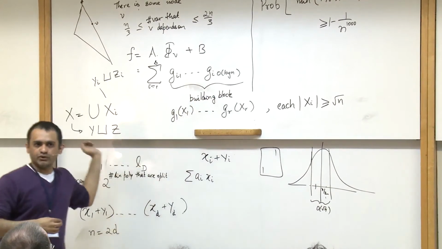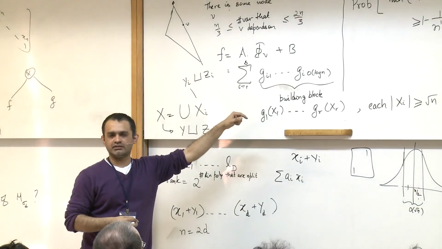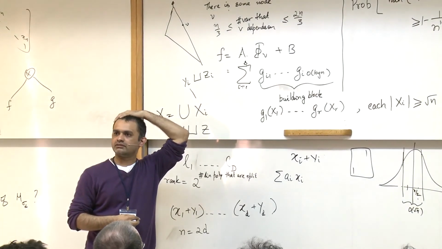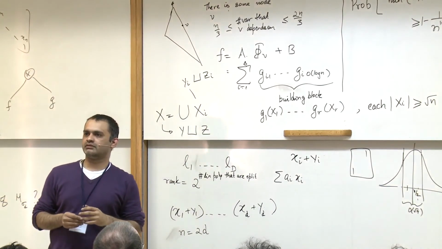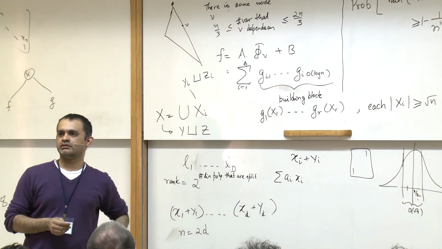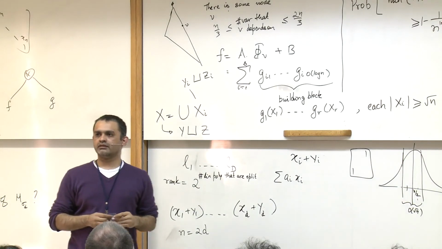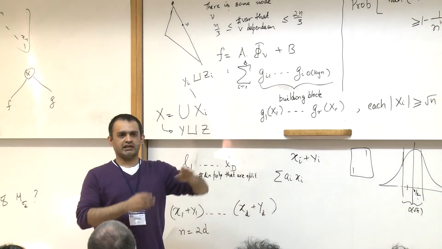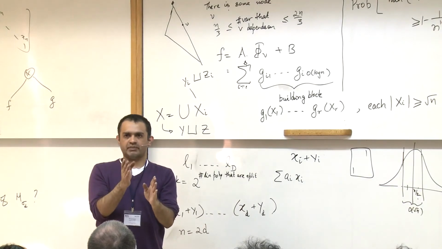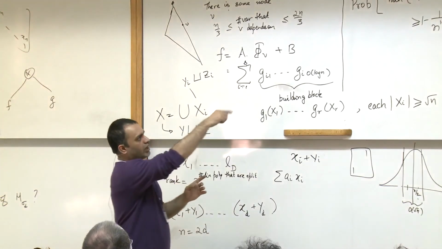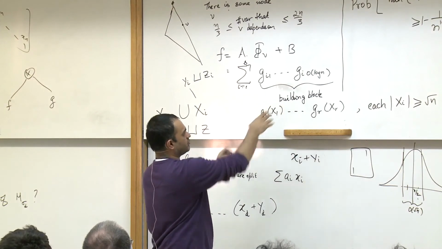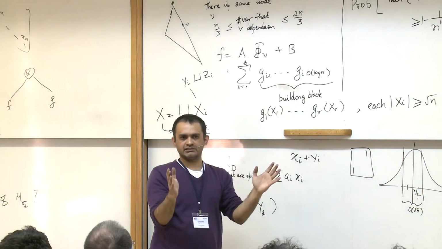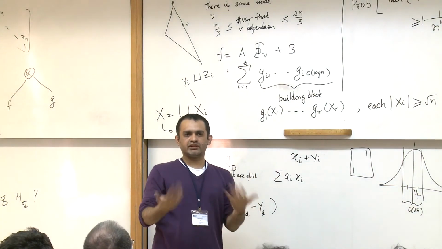Now, eventually, I need to do a union bound over all the sets. So the point is that you are taking products of log n partition, log n sets. For each of them, you want to see how much value there is. And the probability that there is even one guy which is not balanced turns out to be something like 1 over n power 1000 log n, because I have order log n such terms. And eventually I need to do a union bound on the size.